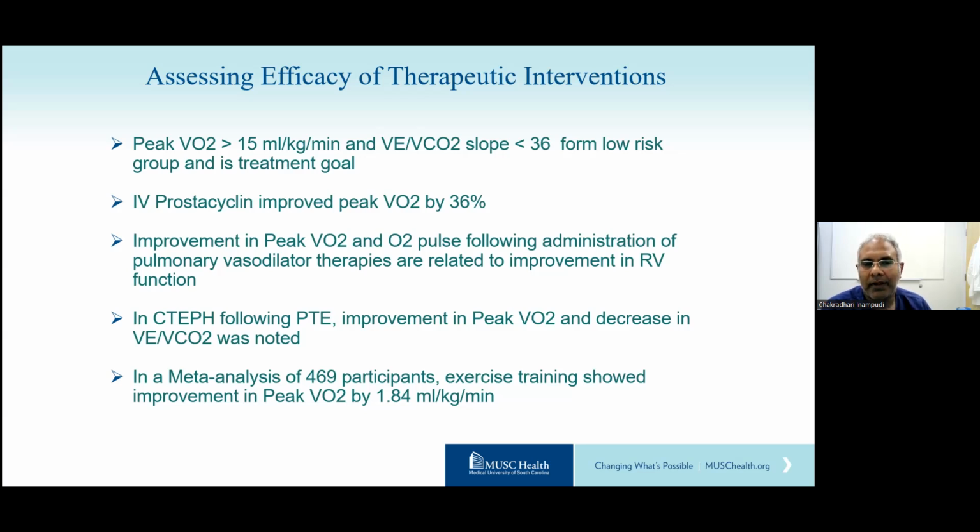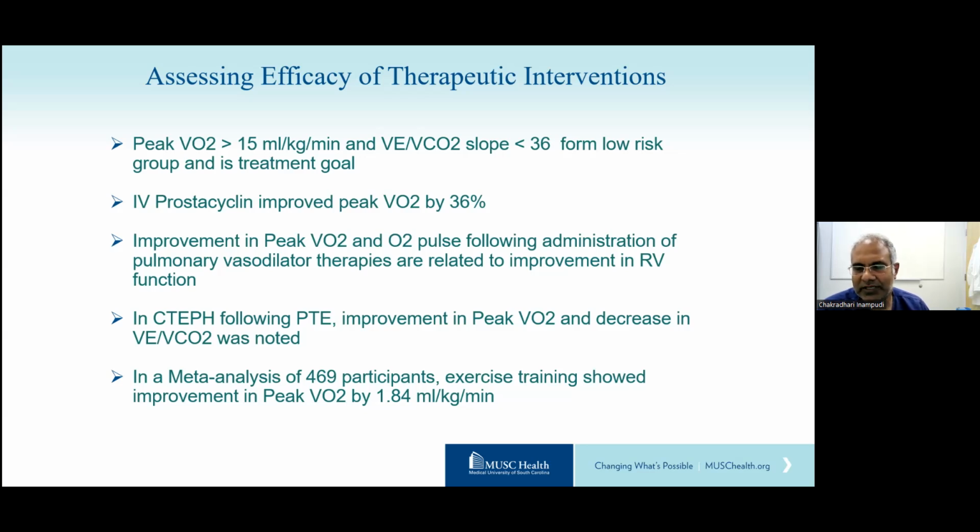Now, it's important to understand that IV prostacyclin has been shown to reduce mortality in patients with advanced pulmonary hypertension. The use of IV prostacyclin has been shown to improve peak VO2 by almost 36% in some patients. The improvement in peak VO2 and the O2 pulse are related to improvement in the RV function.